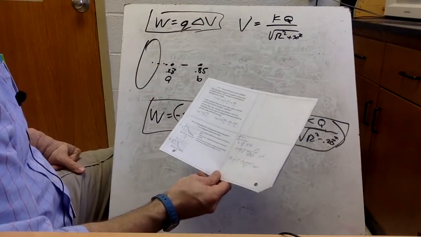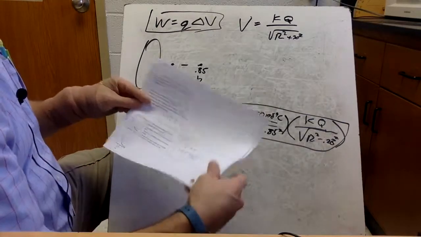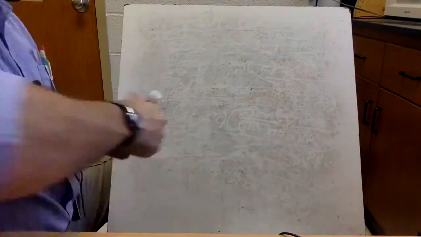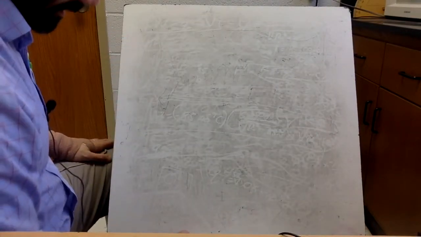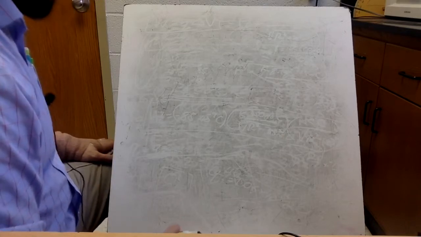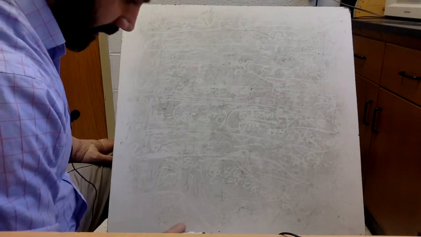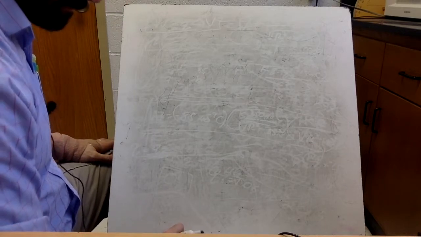Okay, so let's take a look at 24.12, this last example. It's a little hard to see, but the top graph in example 24.12 is in kilovolts, and the bottom graph, the electric field, is in kilovolts per meter.